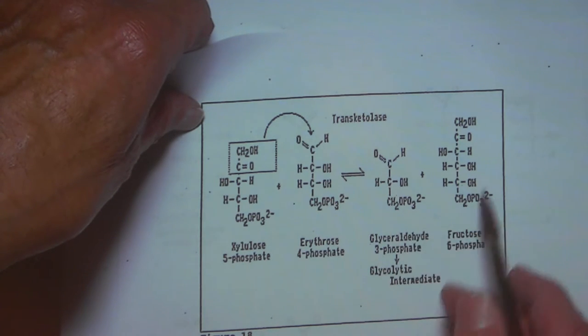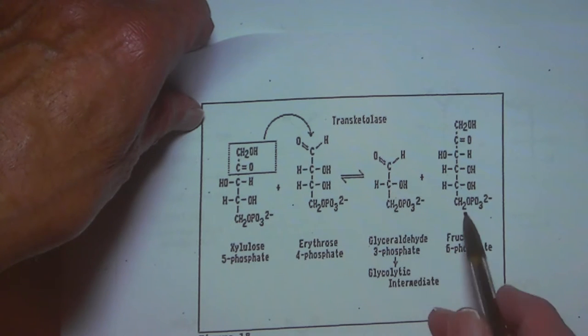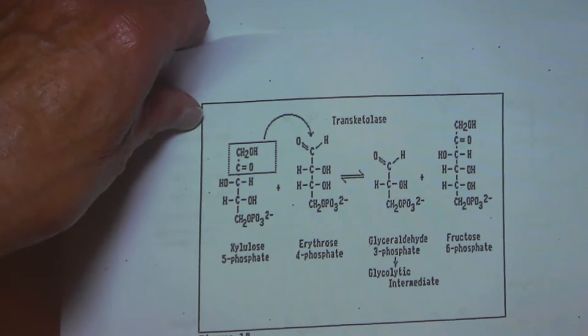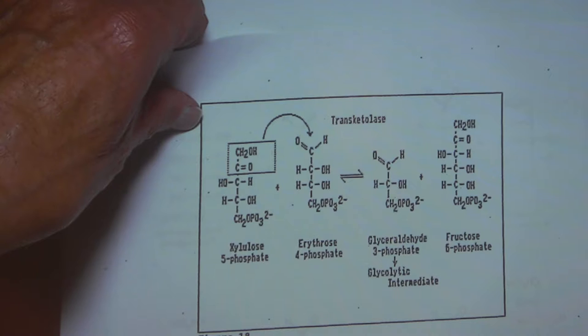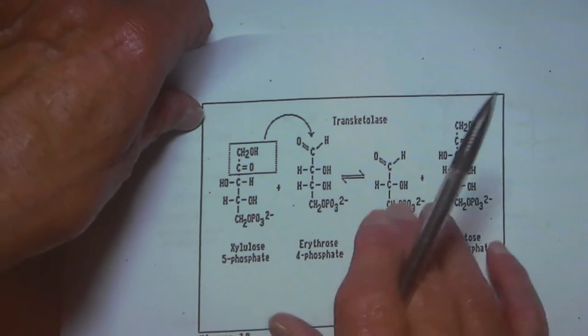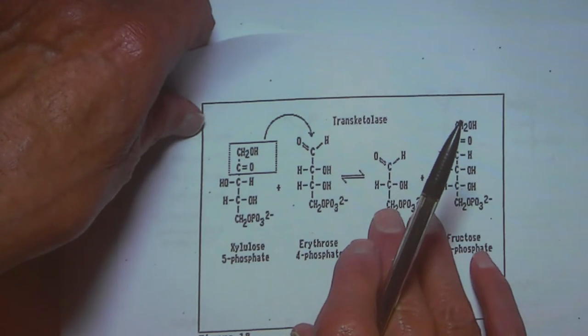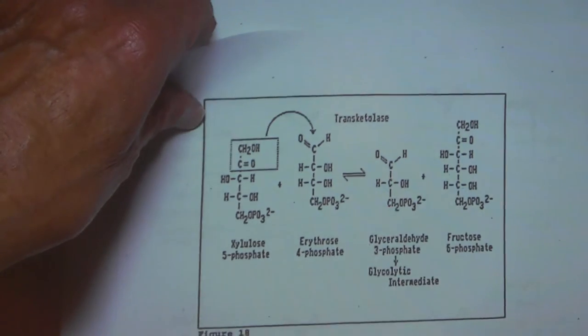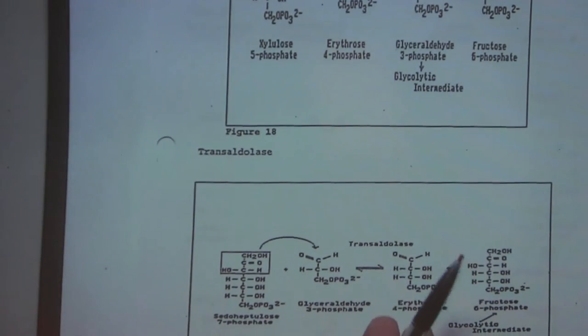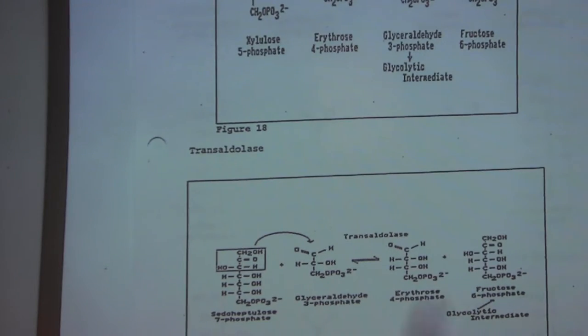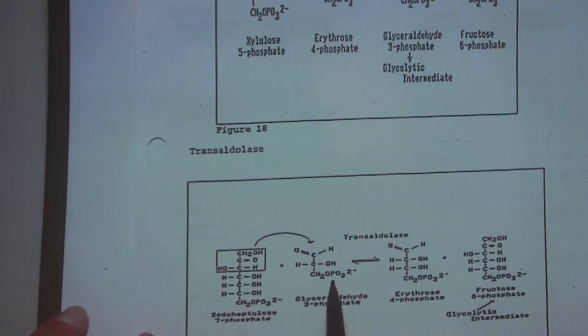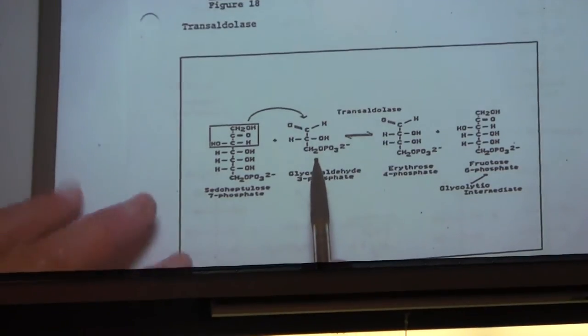So why are these important? Because both of these compounds are glycolytic intermediates. They can be replaced into glycolysis through these side reactions. Transaldolase works the same way but a little differently, because instead of 2 carbons, 3 carbons are transferred. You start with sedoheptulose phosphate, and glyceraldehyde phosphate is the acceptor.